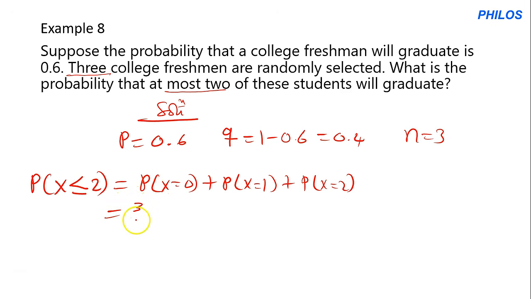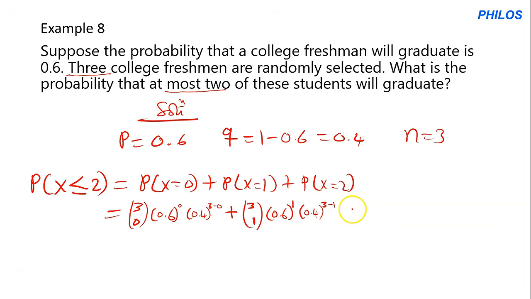N combination X, which is 3 combination 0, then P exponent X times Q exponent N minus X, plus N combination 1 this time around times P, which is 0.6 exponent 1, times Q, which is 0.4 exponent 3 minus 1, plus N combination 2 P exponent 2 times 0.4 exponent 3 minus 2. So you can put all this on your calculator.